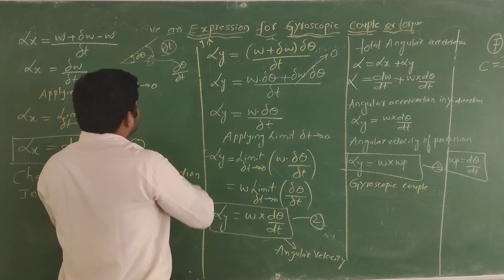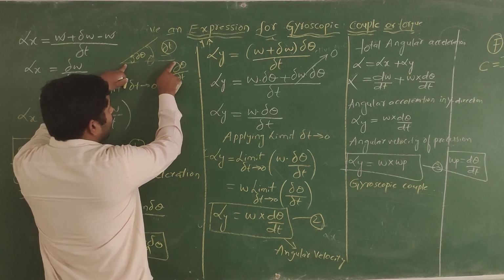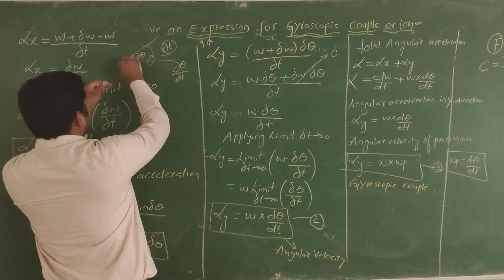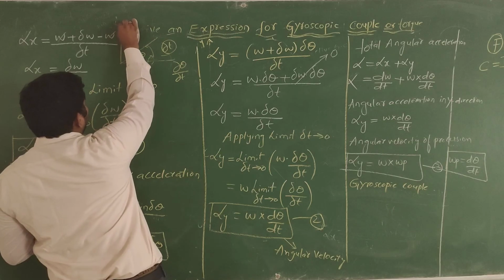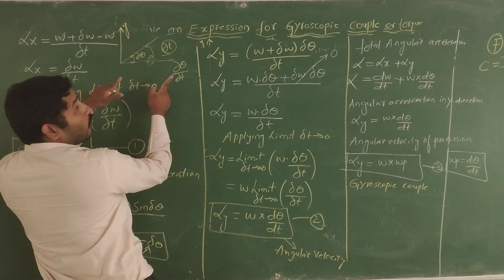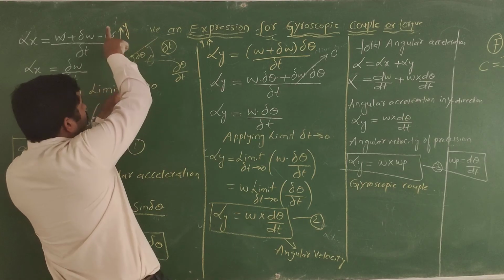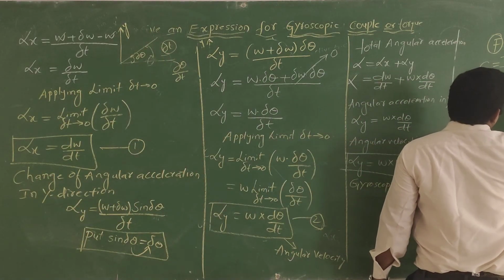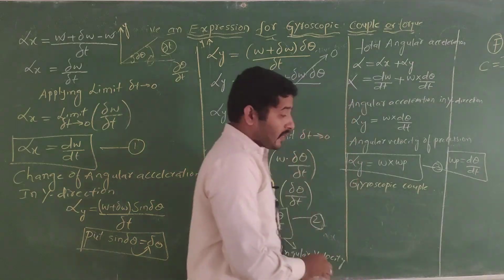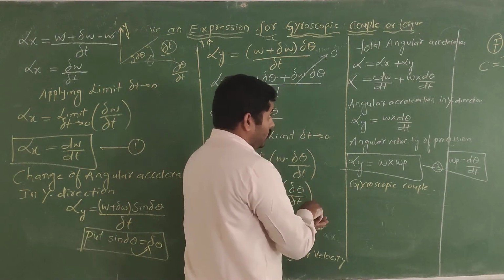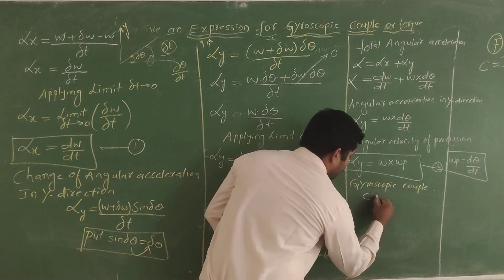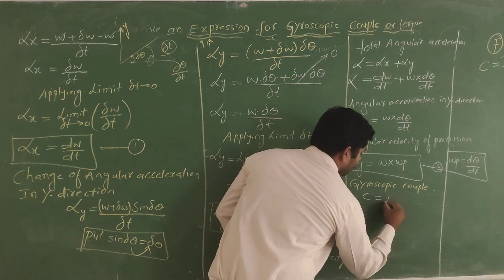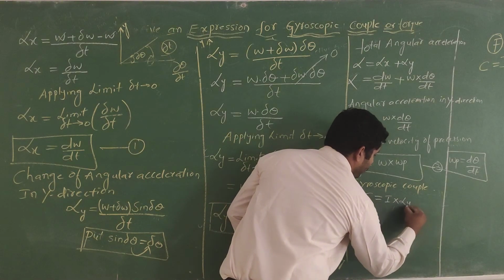The disk is moving from the axis of spin to the new axis of spin. So in which direction do they move? They move from the horizontal toward the vertical direction. So we can say angular acceleration in the vertical direction. We implement here C is equal to I into alpha y.